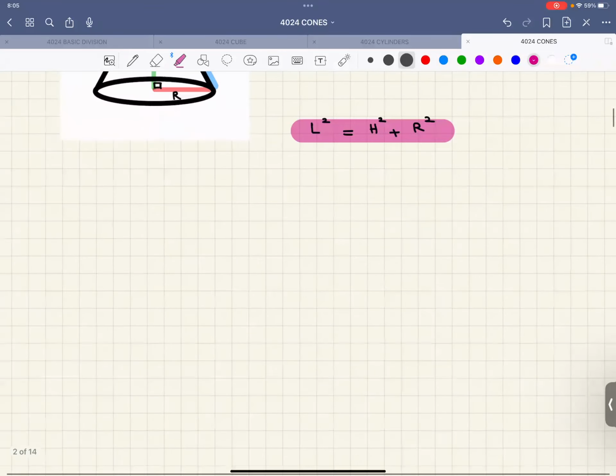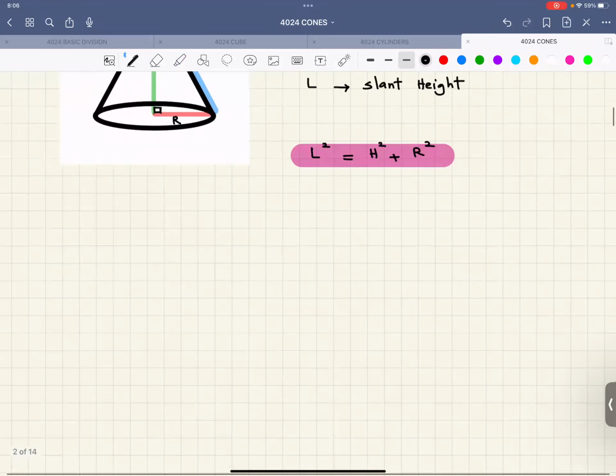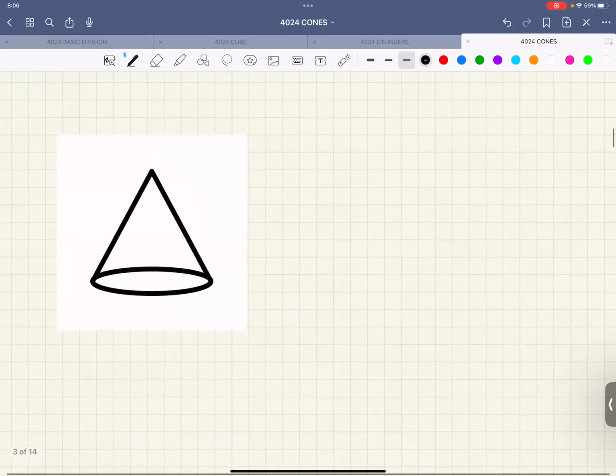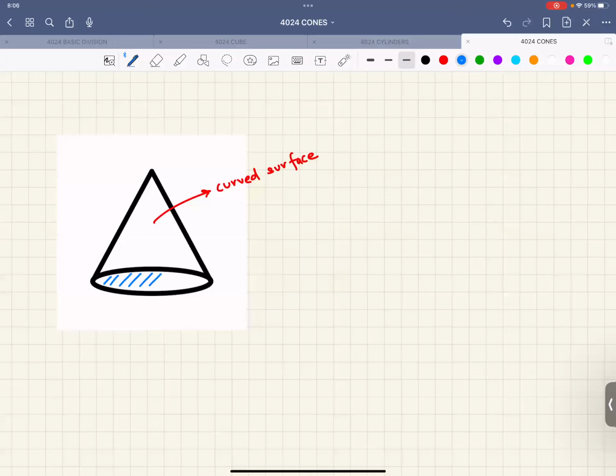Now, what's in a cone? In a cone, we have a curved surface area. That is this thing, the curved surface area like this. So we have this thing, that's a curved surface, which naturally will have an area. And then we have a circular base.